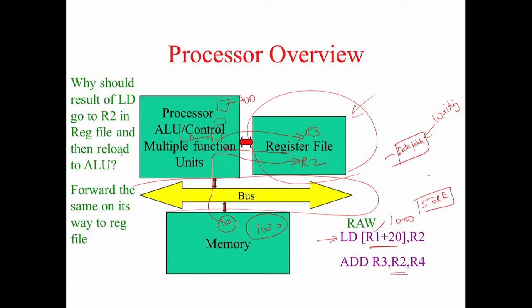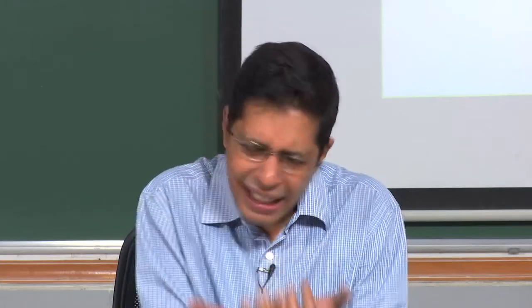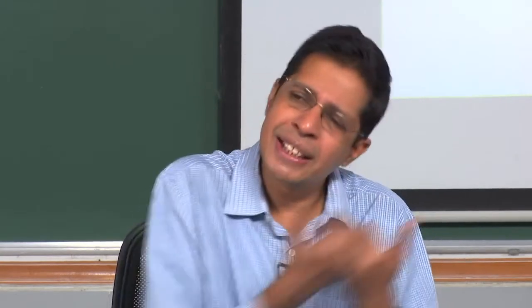When 10 is moving from the memory to the register file through the ALU, I can just take a copy of this and give it to add, can't I? Right? And this particular concept is called operand forwarding. So, when I am taking the value of R2 and going to store it in the register file, of course, it has to go to the register file. In that path, since it is going through the ALU, I can also take that copy of that value and give it to add.